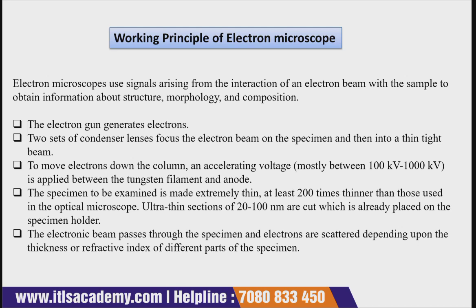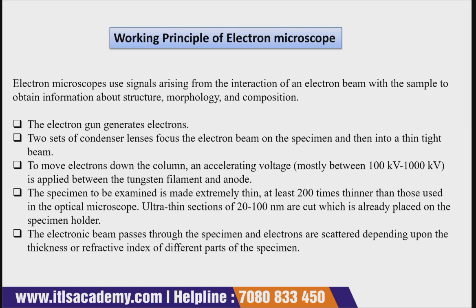Generally the voltage is between 100 kV to 1000 kV. The specimen to be examined is made extremely thin. Why? At least 200 times thinner than those used in the optical microscope. So ultra thin sections of 20 to 100 nm are cut, which are placed on the specimen holder.